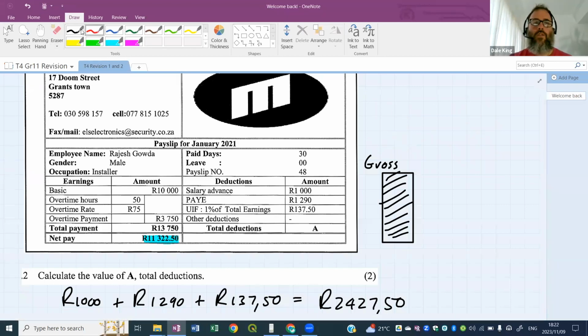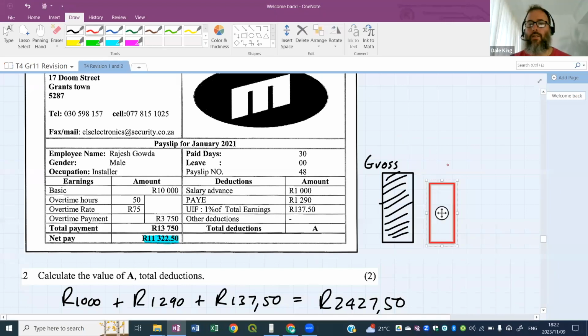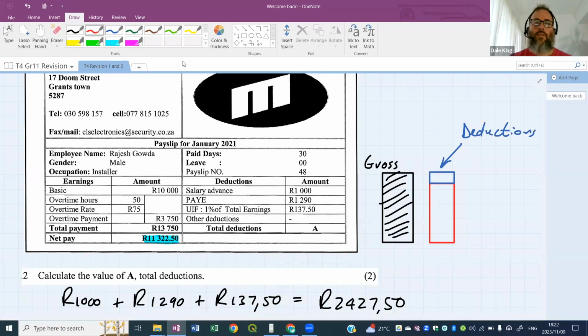So now your stack is a little bit smaller. This piece that they took off at the top, this blue section here, are your deductions. And what's left behind is net.